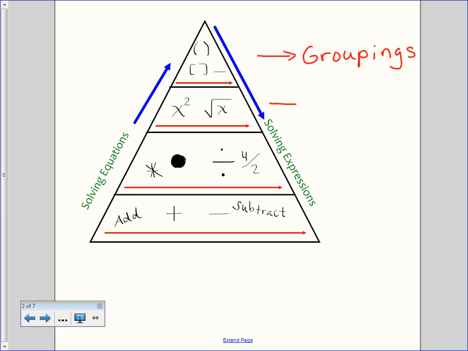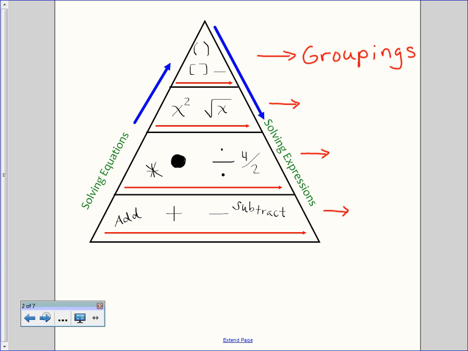Then we have exponents and radicals, multiplication and division, and finally addition and subtraction. Every single one of these parts of the pyramid should be done in order going from left to right in a problem. This pyramid will be on every page so that we can refer back to it.